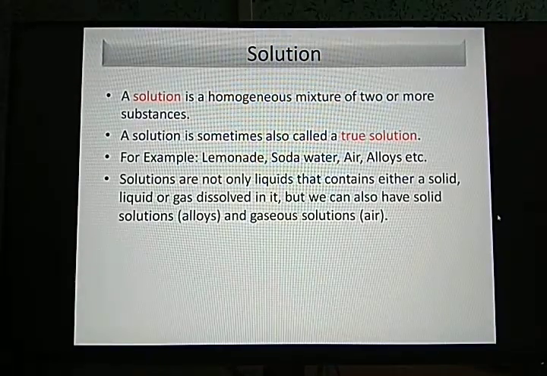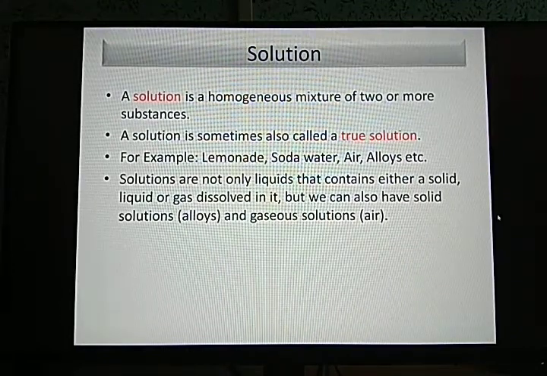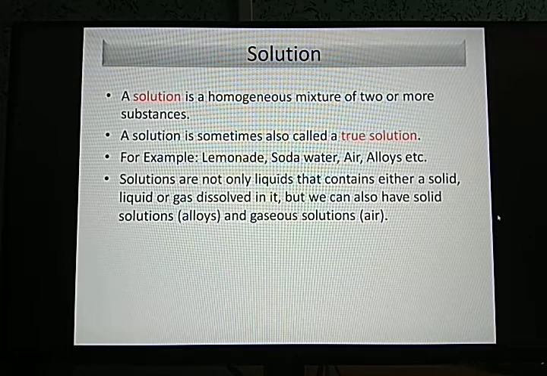Now solutions are not only liquids that contain a solid, liquid or gas dissolved in them, but we can also have solid solutions, that is alloys, which I said just now, and gaseous solutions, that is air. So it is not necessary that a solution will always consist of a solid and a liquid.